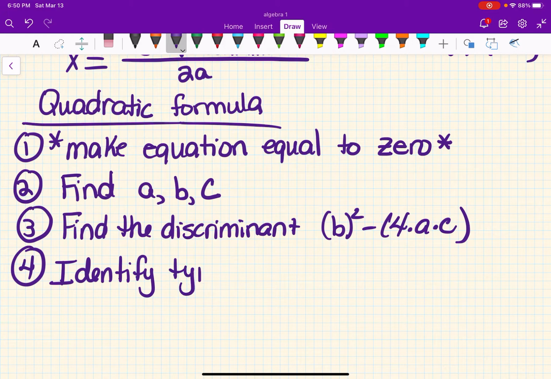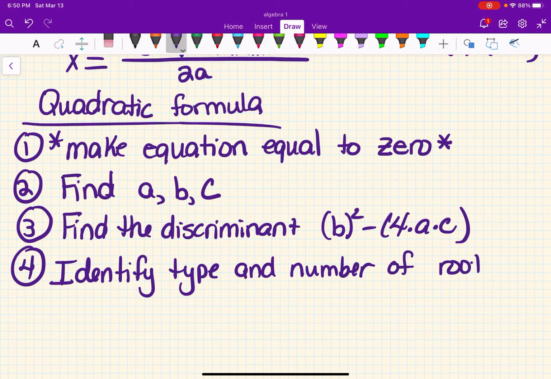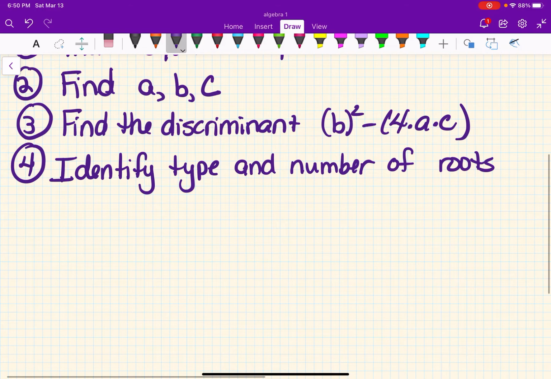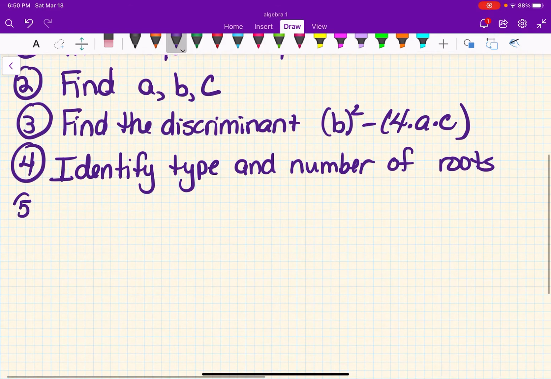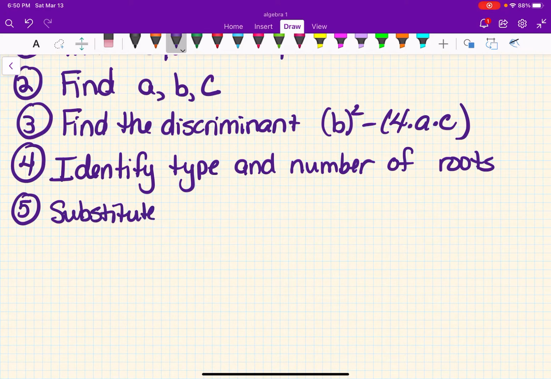Type and number of roots. Now this is where this does get a little long. 5, we're going to substitute values into the quadratic formula.